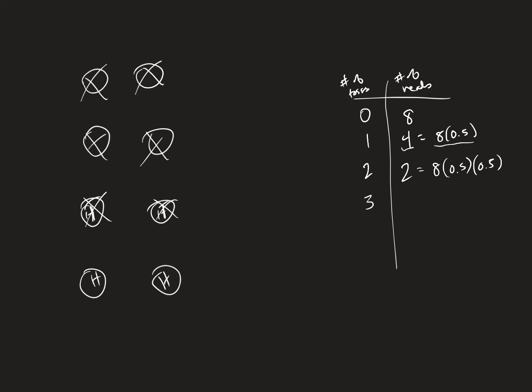If I were to toss it again, this one might be a tail, be down to 1, which is the 2 times another half. Now you can see we're sort of building a pattern here as we go through this number of tosses, right? So we started with 8, then we multiply 8 by half, and then we multiply 8 by a half twice.